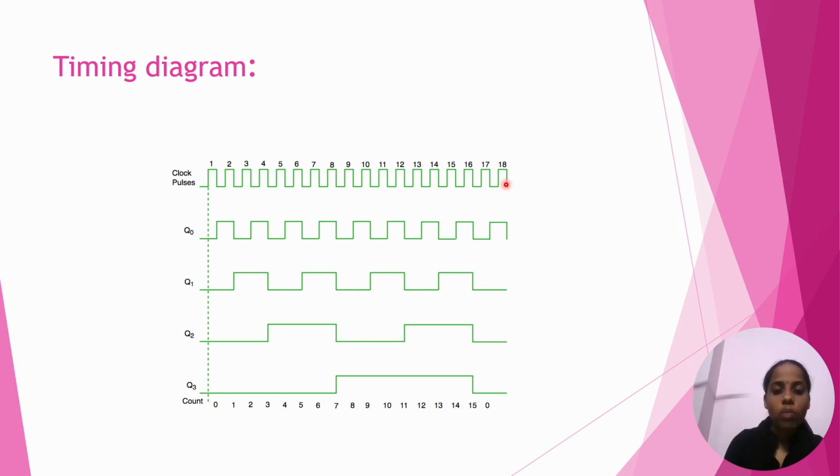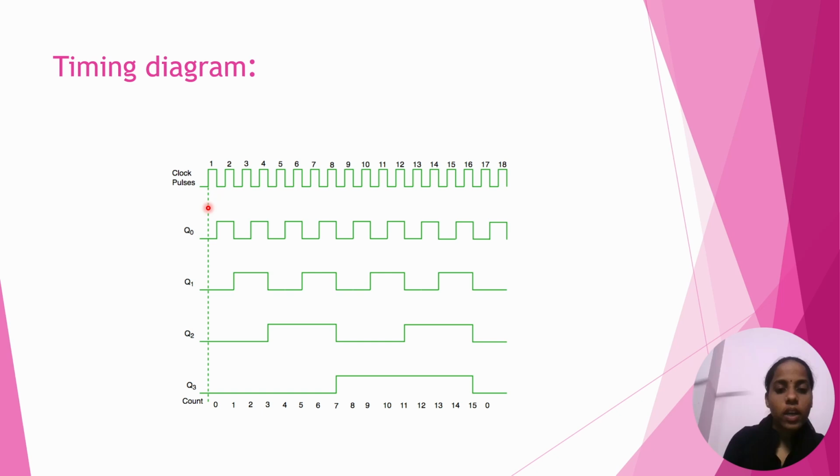Q0, Q1, Q2, Q3 are the outputs for counting purposes. This is up counting, meaning 0 to 15 is produced in this timing diagram.